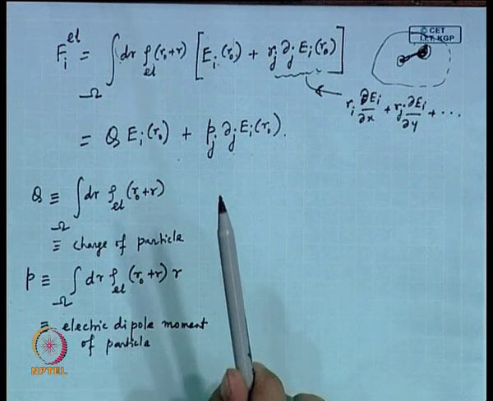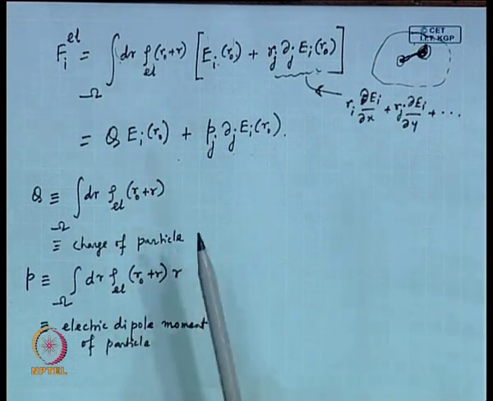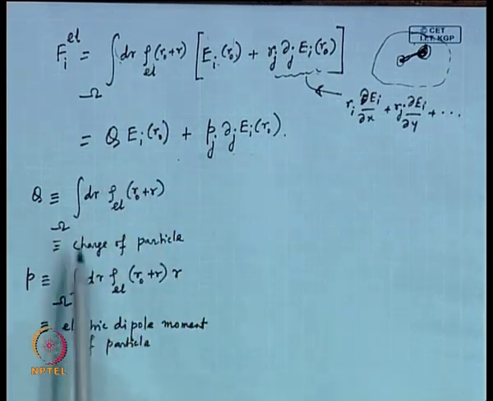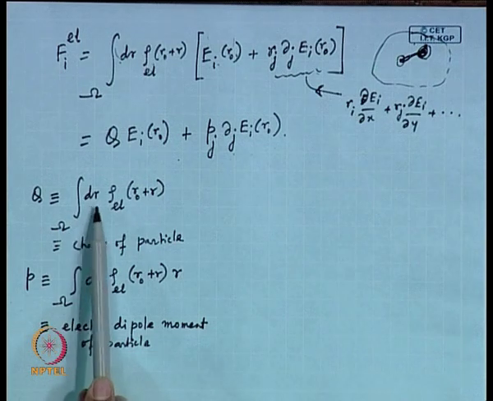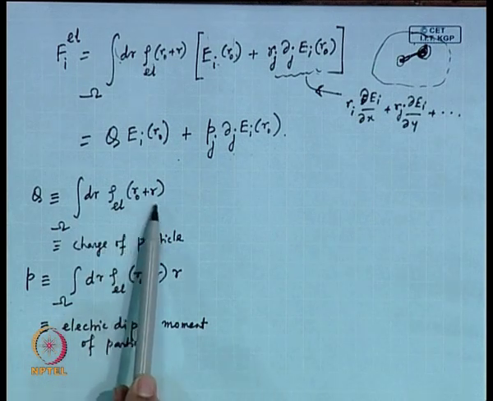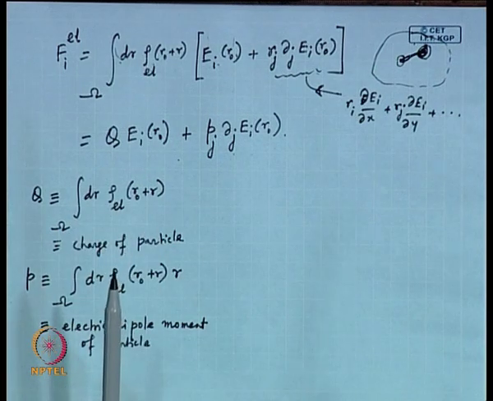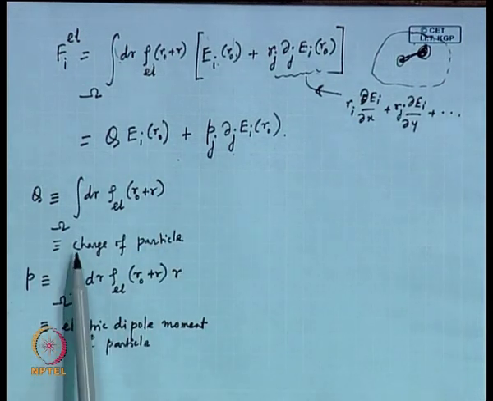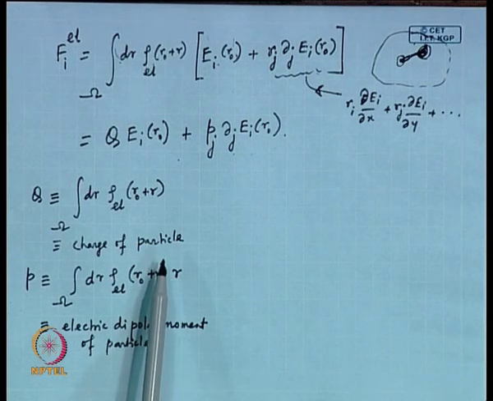All right. So you have these two terms where Q is equal to integration dr rho EL (R naught plus R). And what is that now? That is referred to as the charge of the particle.